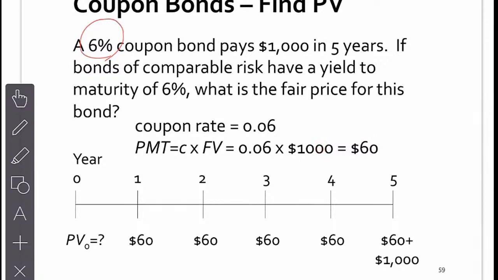All right? So that's $60, and you're going to get that at the end. We assume, remember, we assume that unless it tells us otherwise. $60 at the end. And then at the very end of the term of the bond, 5 years, you're also going to get the $1,000.